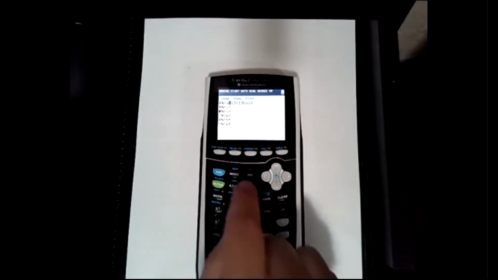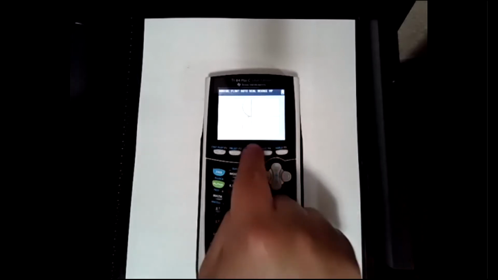So the next question says, identify and graph the polar equation. Well, here it is. And I'll write it down in a second. Let me zoom out. Zoom trig.